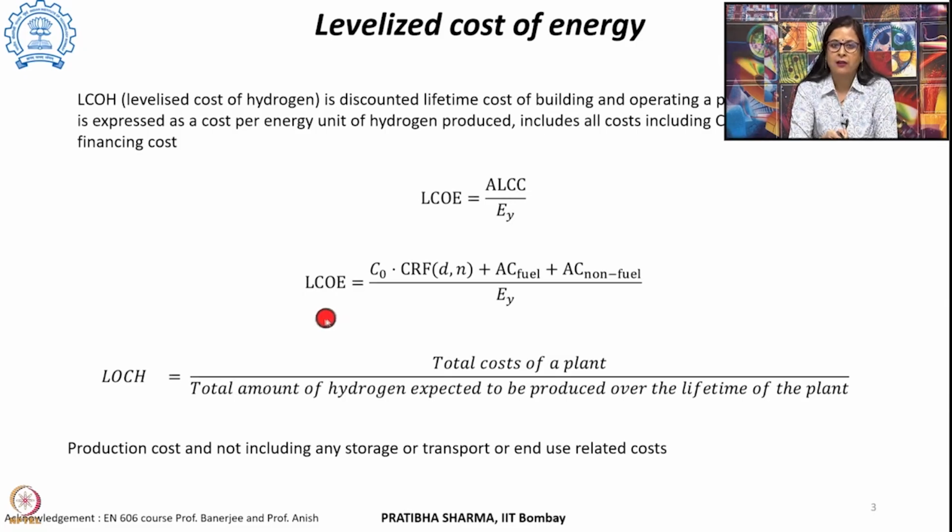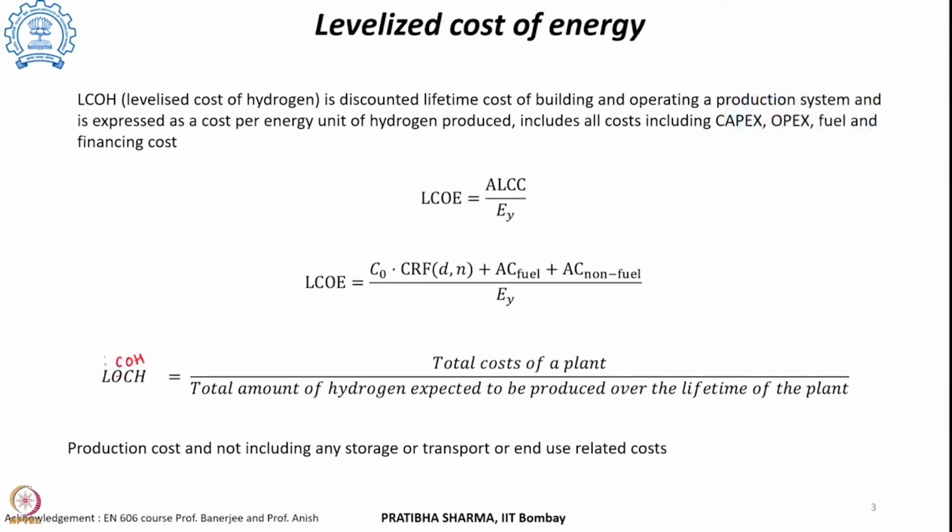On the same pattern, we can also calculate the levelized cost of hydrogen. The levelized cost of hydrogen is the discounted lifetime cost of building and operating a production system, and it is expressed as the total cost of the plant divided by the total amount of hydrogen which is being produced over the lifetime of the plant.